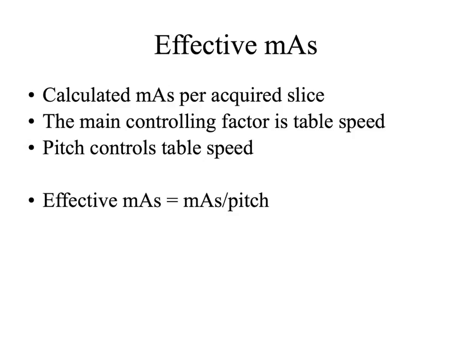So all this stuff is kind of interrelated, right? Can you say that all again, like the detector pitch until effective mass? You said what was the detector? I know I'm talking kind of fast. And no, that's a good question. Just to repeat, and we're going to be unpacking this more. We're going to get down to the numbers, like how to calculate pitch, how to really figure all this out. But effective mass is the calculated mAs per acquired slice, right?